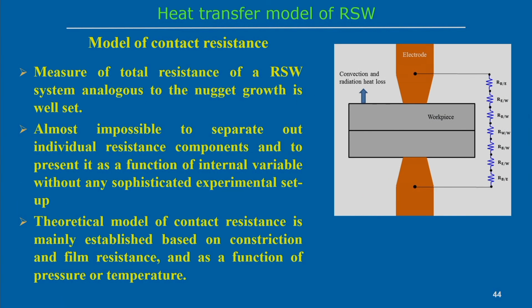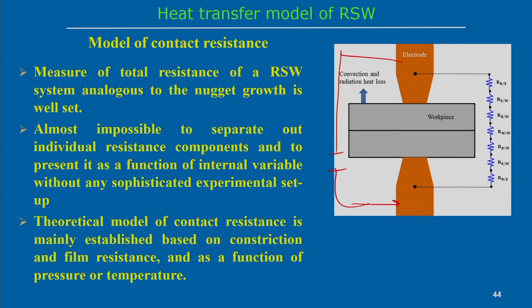Now, how can we do the modeling of the contact? Basically, we have seen that there are so many resistance components, but how can we measure each individual resistance component? It is very difficult in any kind of industrial process. What normally happens is that it is easy to put some kind of sensor or electrode at these two points, and we can measure the resistance.